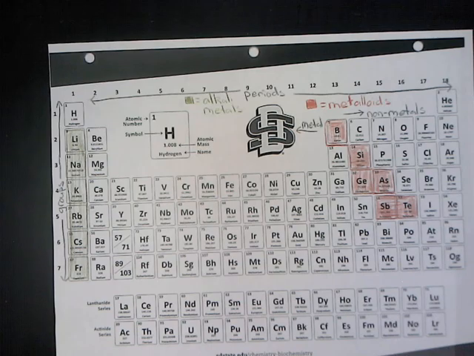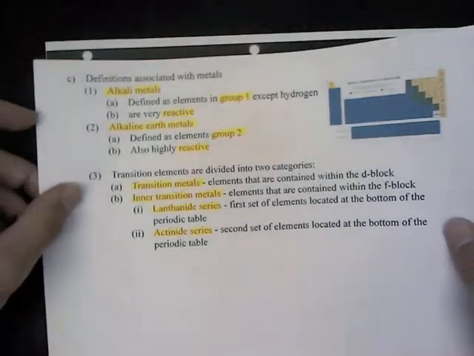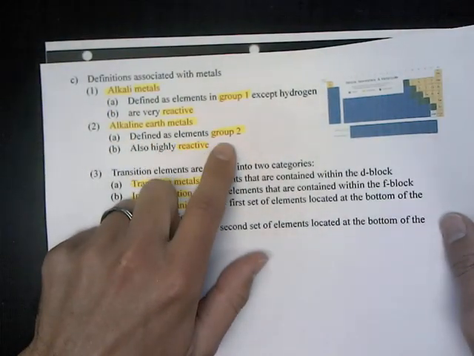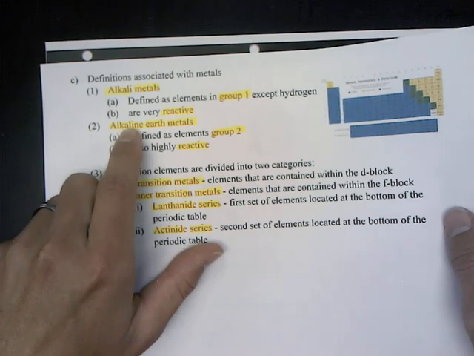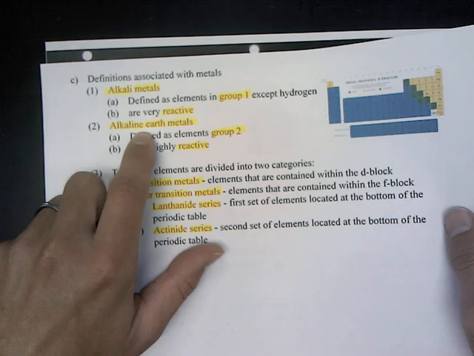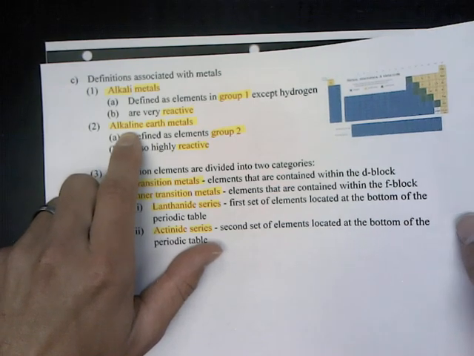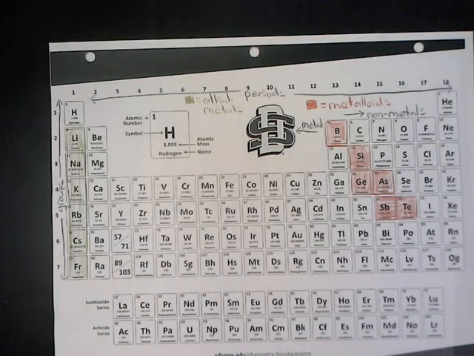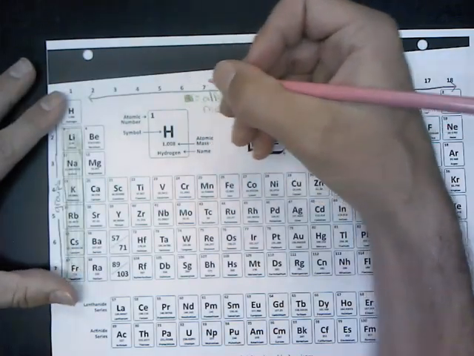Now, the next group over here is group number 2, and the specific group name that we have for group number 2 is the alkaline earth metals. The alkaline earth metals are all group 2 elements, and I am going to highlight this here with a pink colored pencil.